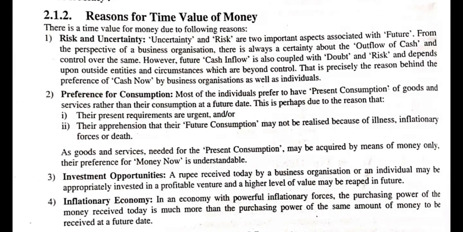In future a person can become ill, there can be inflation, death, diseases, or a pandemic like corona may come. These thoughts will be in the mind of the person, and because of that he gives more importance to the present than to the future. So preference for consumption is also a reason for time value of money.